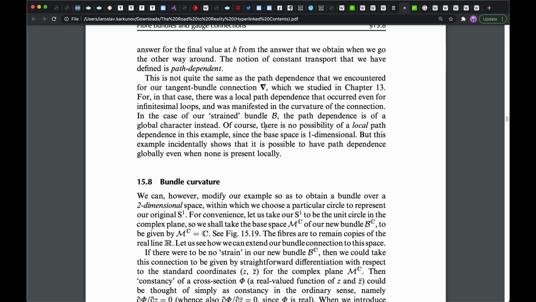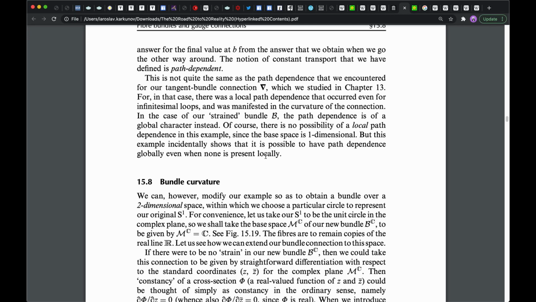And the example in 15.7 is really interesting because it shows that it's possible to have path dependence globally even when there is none present locally.